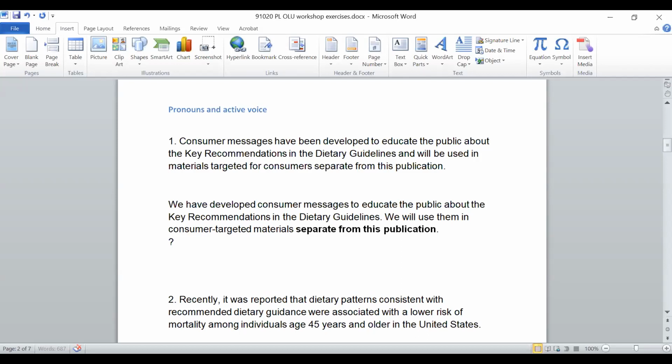I will ask, does the audience need to know that? Because, again, I don't have context, I'm making certain assumptions, but we've developed consumer messages to educate the public about the key recommendations in the dietary guidelines. We will use them in consumer targeted materials. I would stop it here.